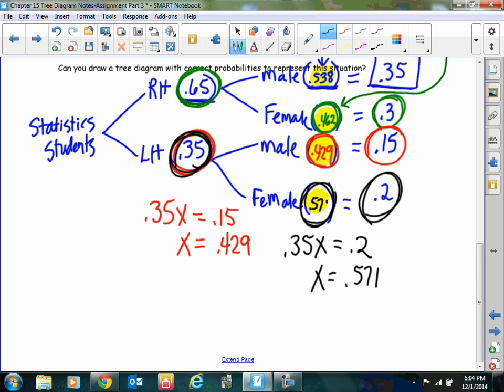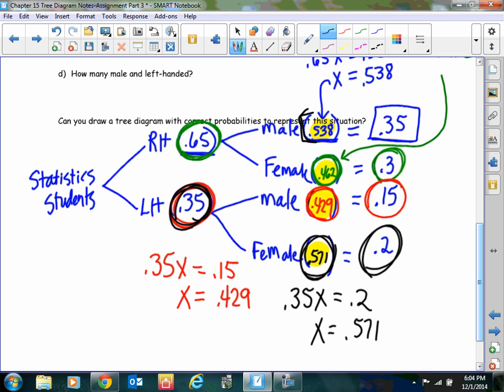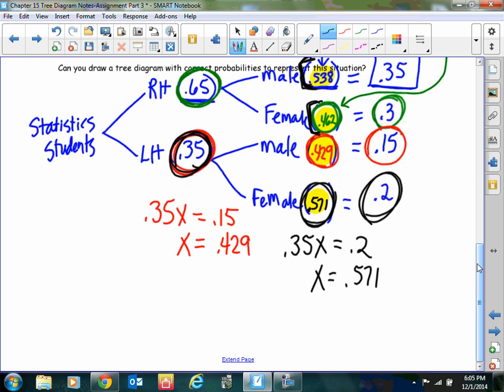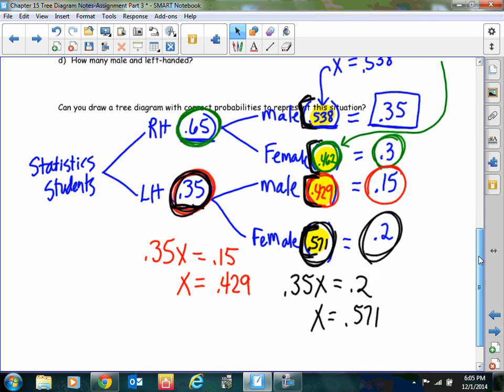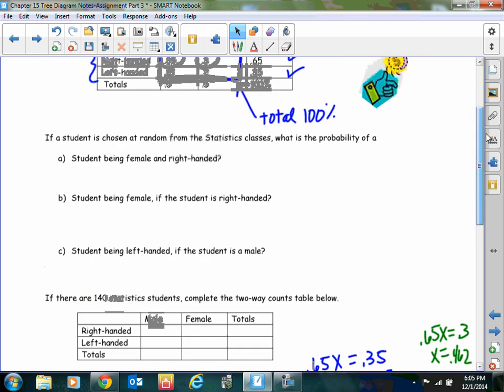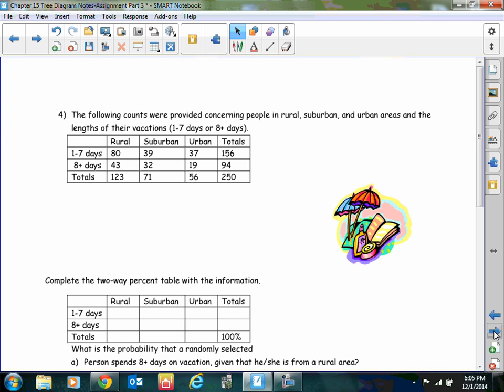So that is telling you that essentially 54% of the right-handers are males and 46% of the right-handers are females. 43% of the left-handers are males, and 57% of the left-handers are females. Okay, so that's that weird kind of backwards thinking that had to happen on that. And then you can do this one the same way.